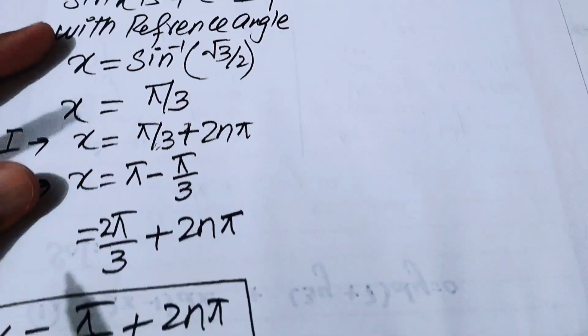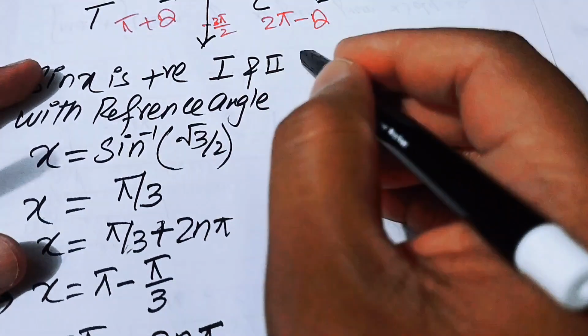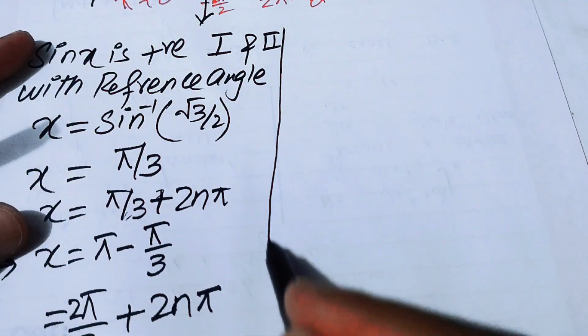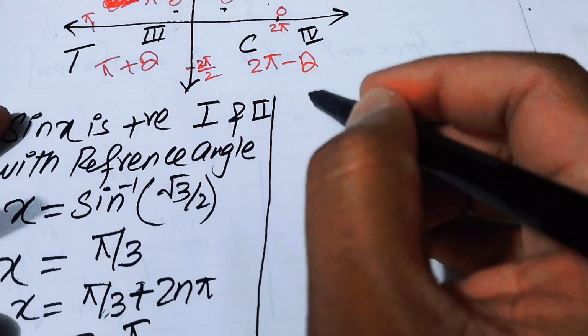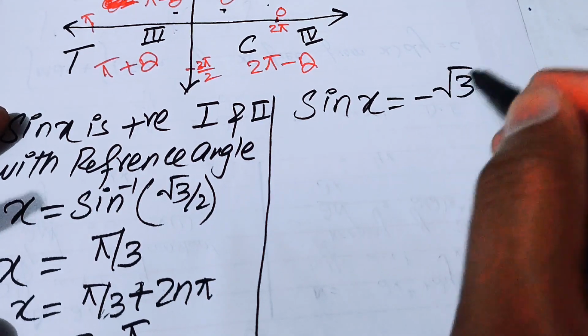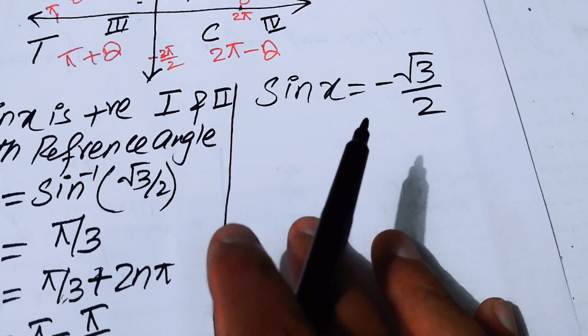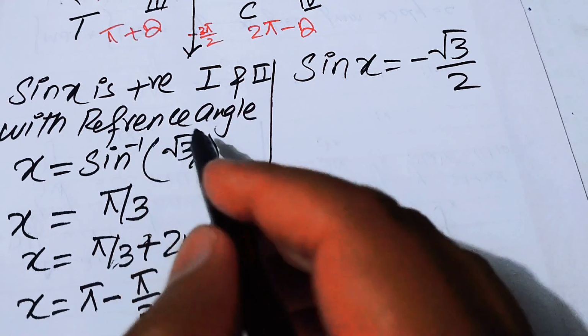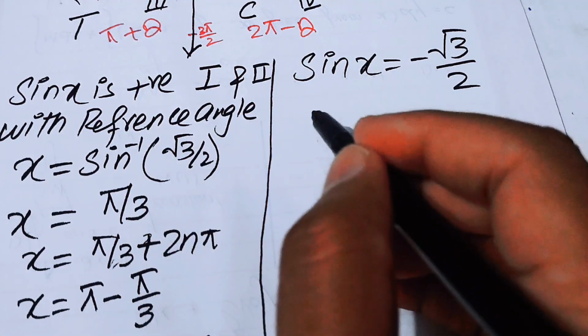Similarly, we will get the other solutions in the second case of this question, and the second case is sin x equals minus square root 3 over 2. So I can solve it in a similar pattern, and first we get the reference angle.